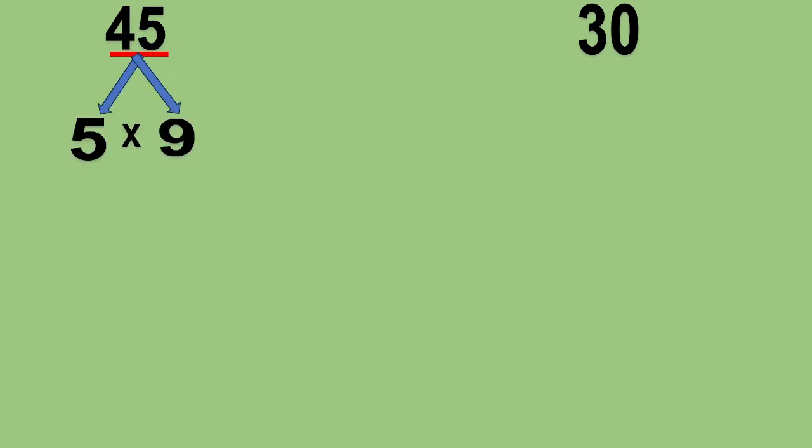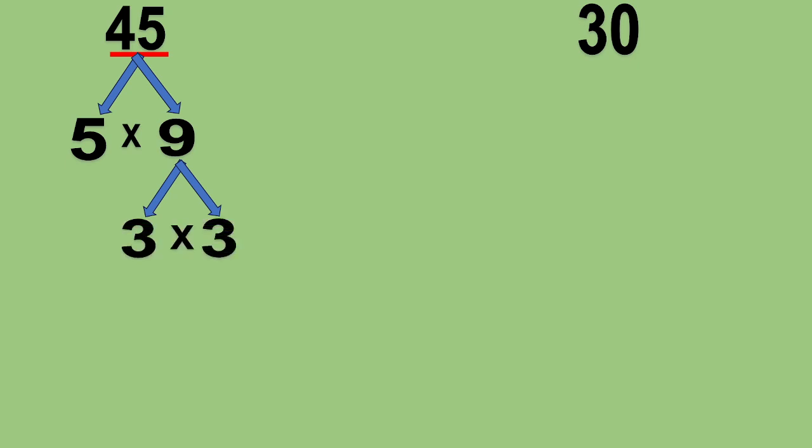Let us find the greatest common factor of 45 and 30. Let's start making a factor tree for the number 45. 45 can be factored into 5 times 9. 5 is a prime, so we are done. 9 is composite. 9 can be factored into 3 times 3.